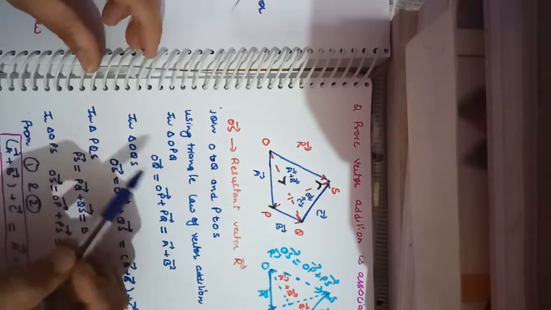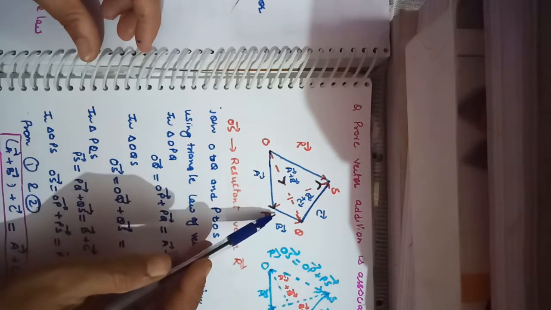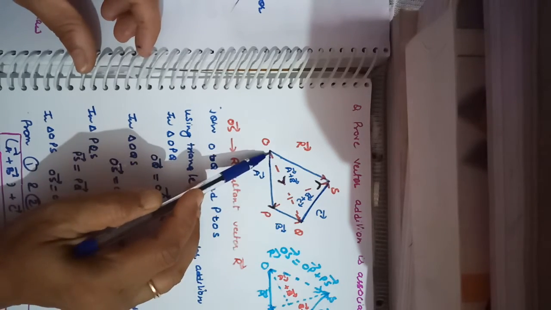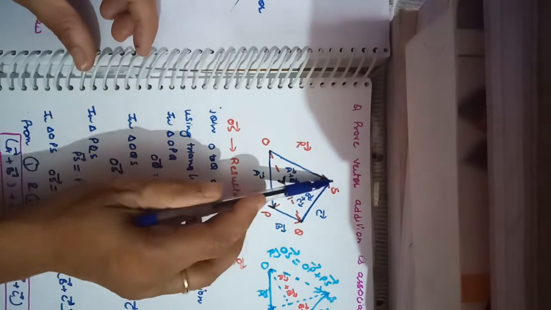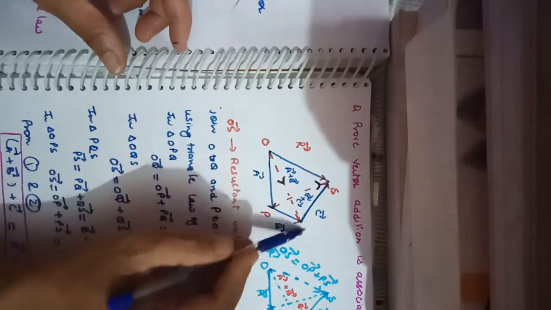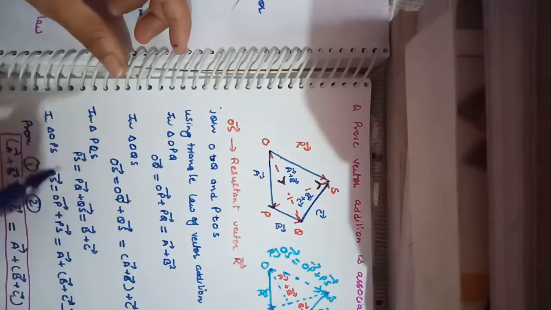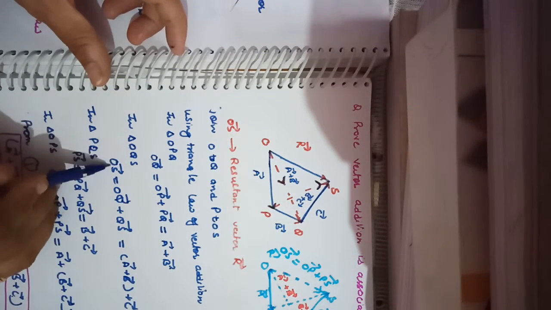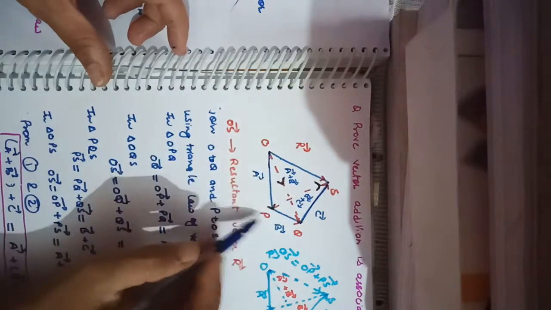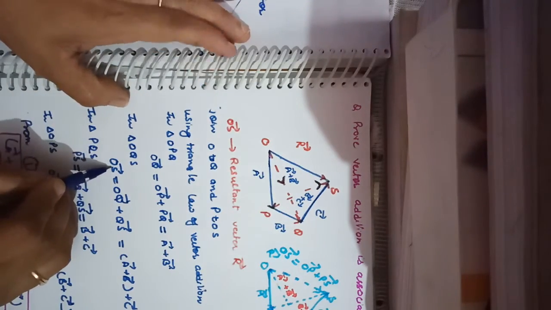Now see another triangle, triangle OQS. See, in this triangle OQS, this is vector OQ and this is vector QS. So in triangle OQS, in this vector and in this vector, OS vector.